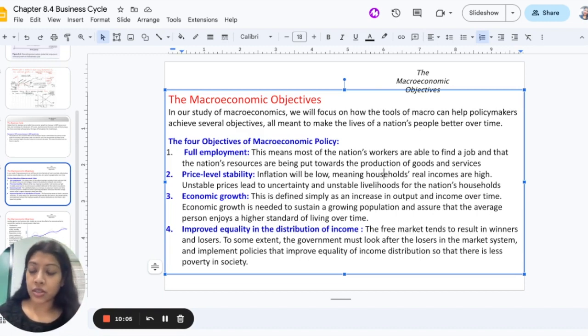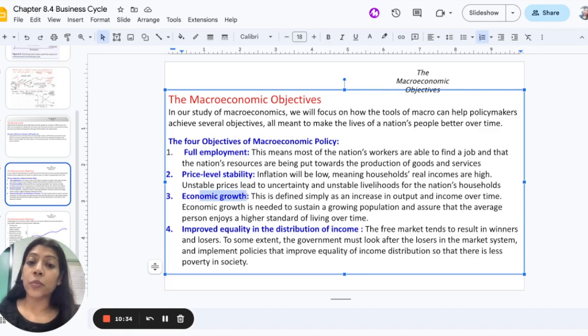Investors don't like uncertainty because they don't know how much they should invest or how much their investment will be worth. So firms don't like it. Governments obviously don't like uncertainty. So all economic agents, and foreign buyers, sellers, exporters, importers, they don't like uncertainty. So price level stability is obviously one of the major aims or objectives of macro policy, just like full employment.